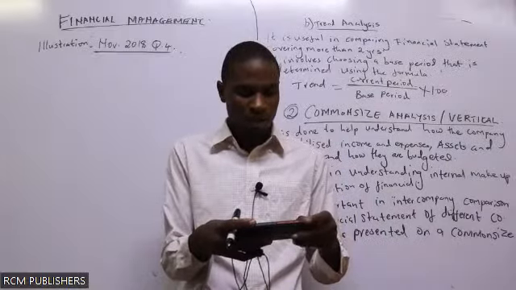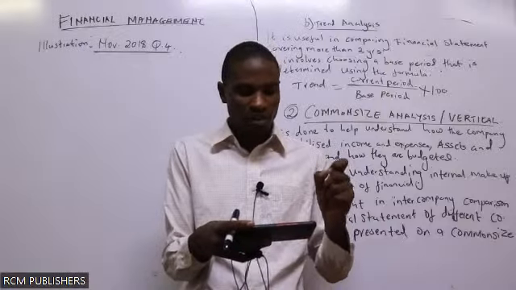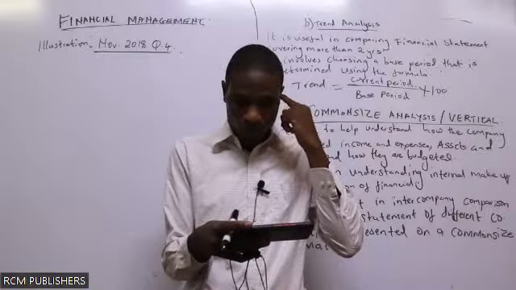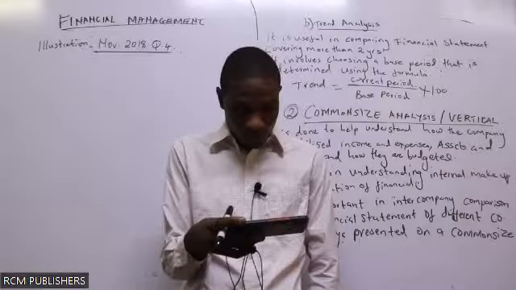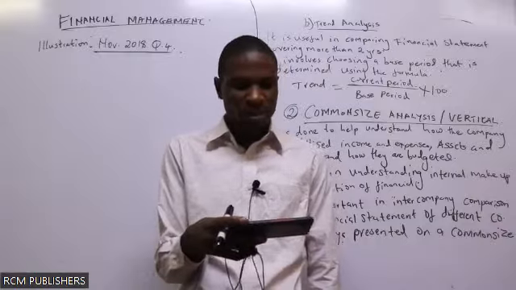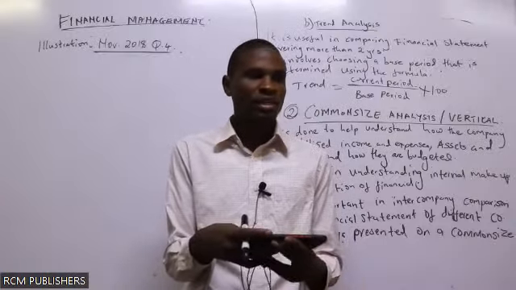We are required to come up with a vertical common size statement of income for the year ended 30 September 2018, then a vertical common size statement of financial position as at the same date.